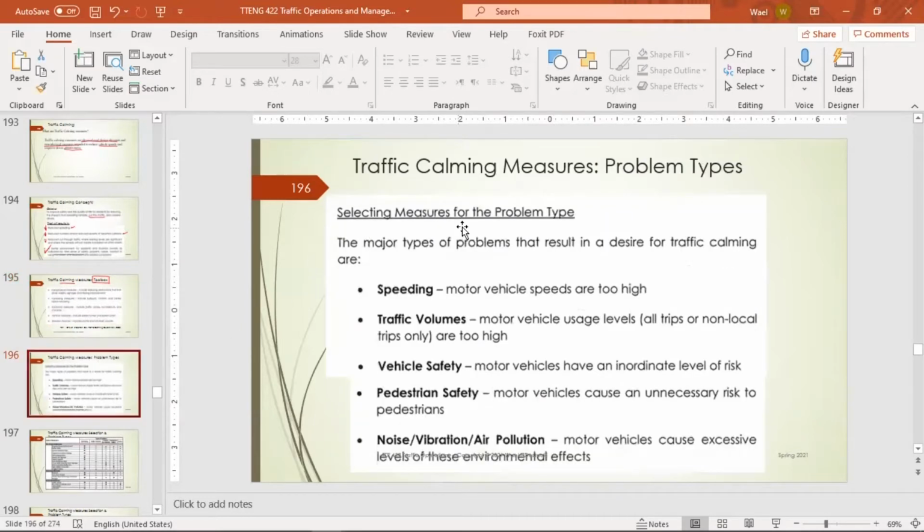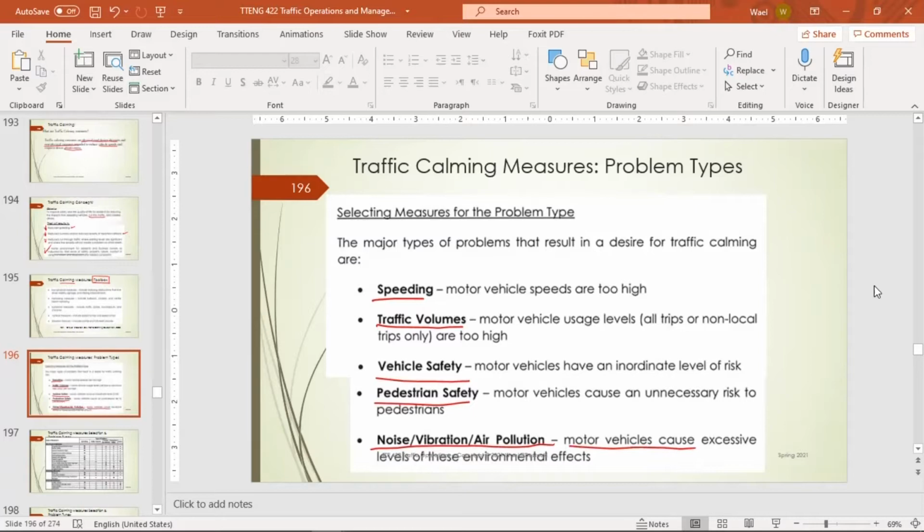So here, for example, selecting measures for problem type, the major types of problems that result in a desire for traffic calming are speeding, traffic volumes, where we have heavy volume, vehicle safety, pedestrian safety, or noise, vibration, and air pollution, due to motor vehicles causing excessive levels of these environmental effects.